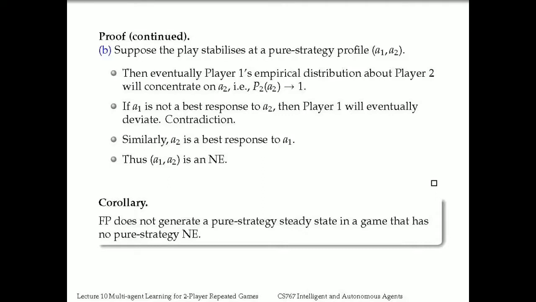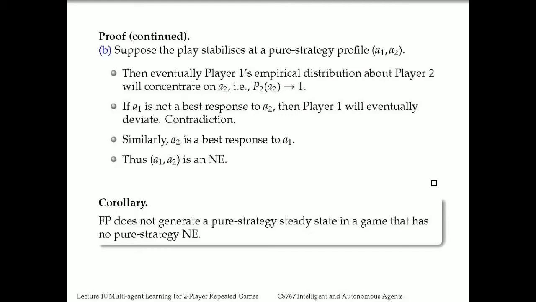So in this sense, A1, A2 will be played for another stage. But if that's the case, then A1, A2 will be played for a third stage, a fourth stage, and from now on, the players would just fix A1, A2 as their actions. So that finishes the first direction.